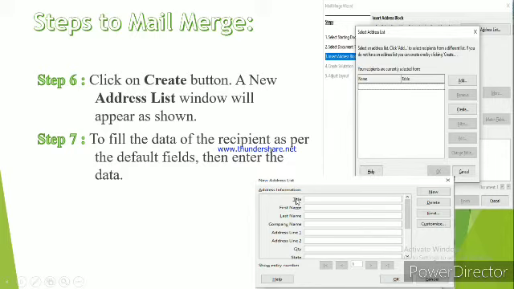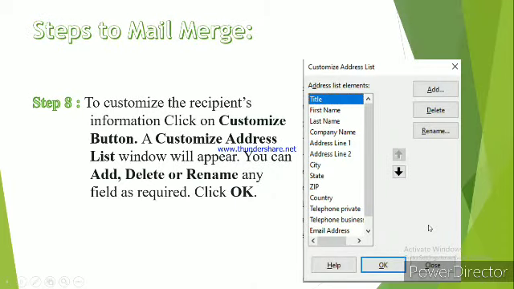Okay, this will allow me to create my new address list. So here you will see the fields: title, first name, last name, company name. So all these fields I have to enter. If I want to customize my address list, I will click on customize address list, and as soon as I click on it, I will see various options here. From those options you can select whichever you want.